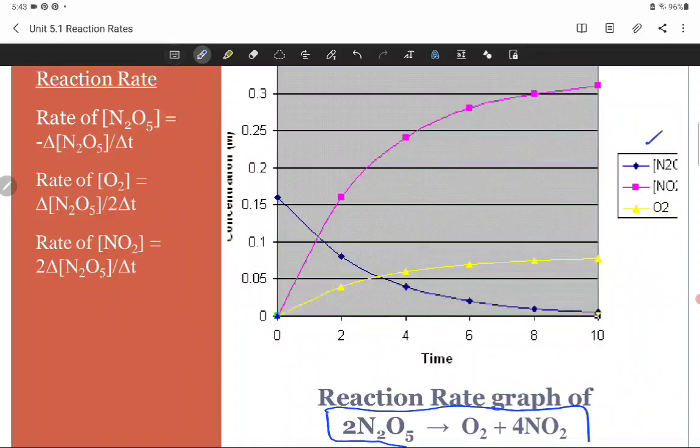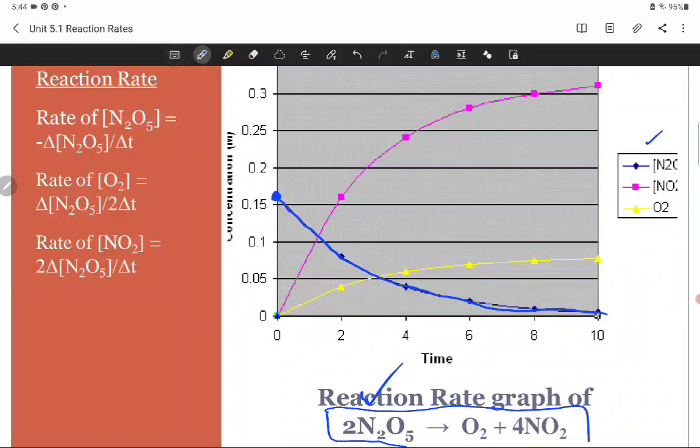Yes, there was a key given to us over here, but we didn't really even need the key. So I know that we have 2N2O5 as a reactant, coefficient 2 in a reactant. Reactants have to lose material over time. So this has to be the line that deals with the reactant. You have to lose reactant over time.